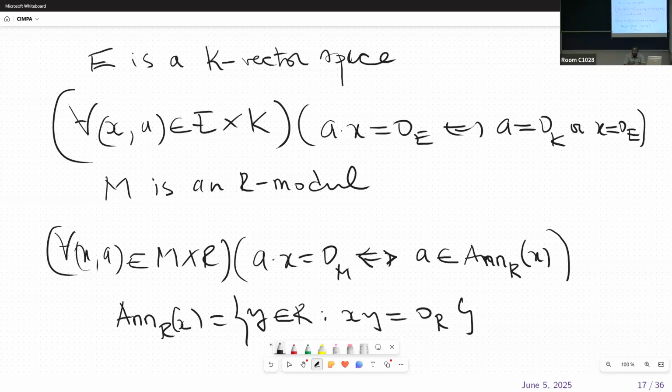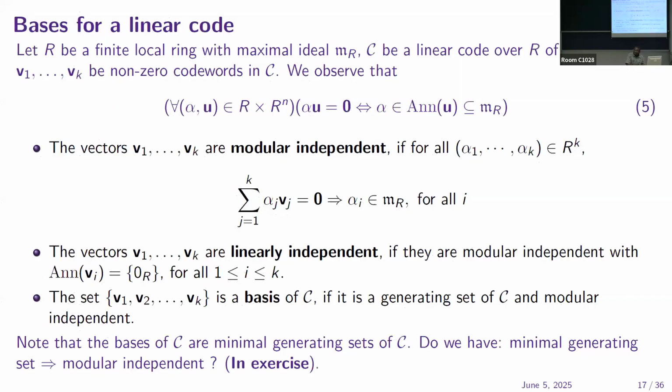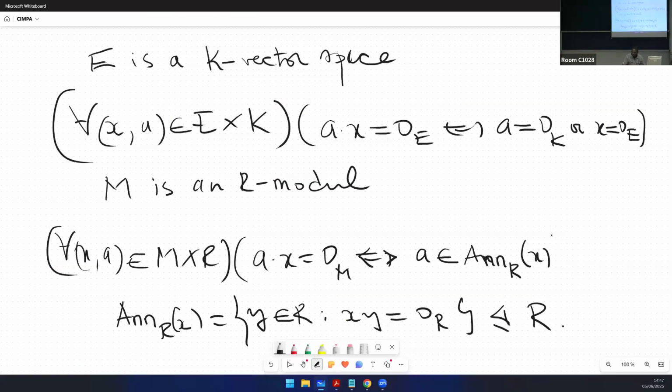The annihilator is contained in the maximal ideal of R. So we have this equivalence.